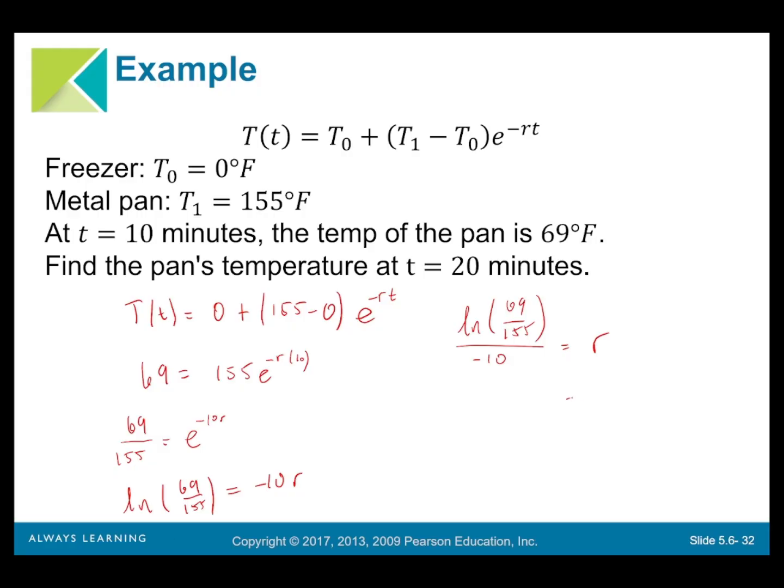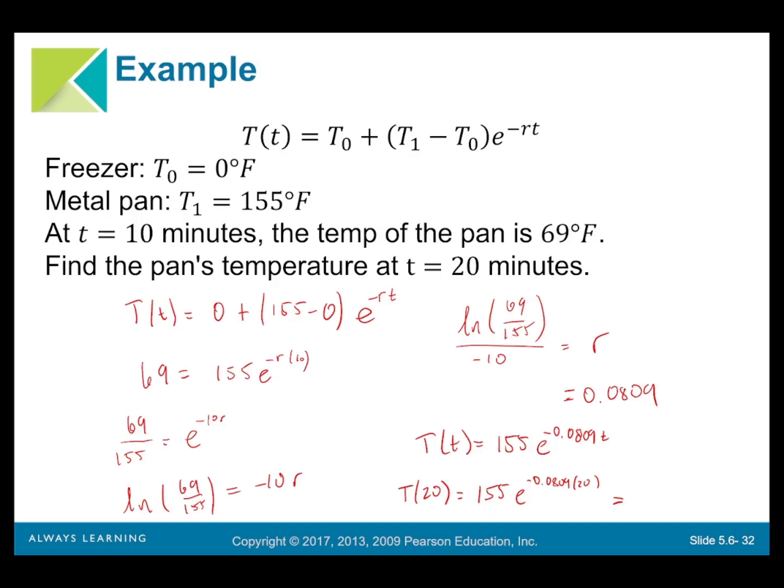R equals 0.0809. That's our R value. So now if we want to find the temperature at 20 minutes, well, we have our full function. We know that our function T of t is 155 e to the minus 0.0809 t. So T of 20 is 155 e to the minus 0.0809 times 20.